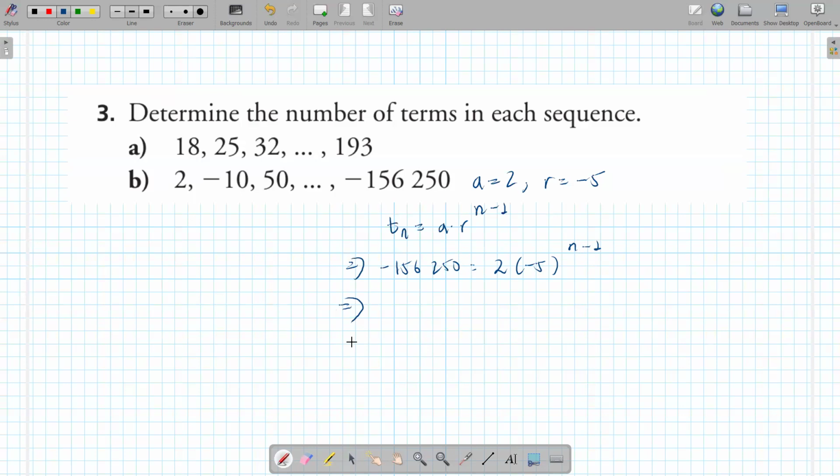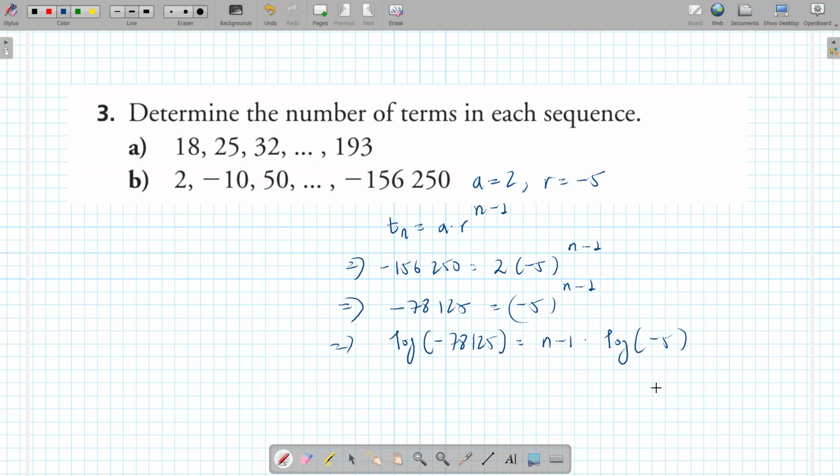You divide by 2. And then what? You do logs. So log of -78125 is equal to n minus 1 times log of -5, yeah?